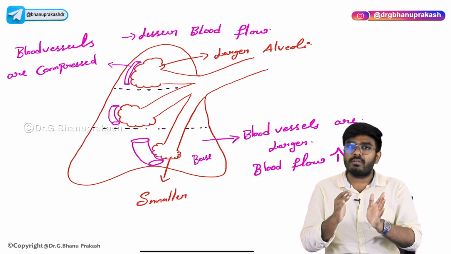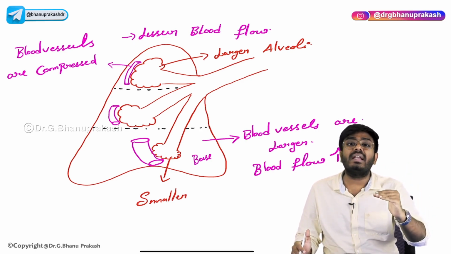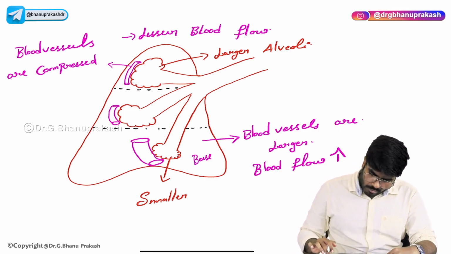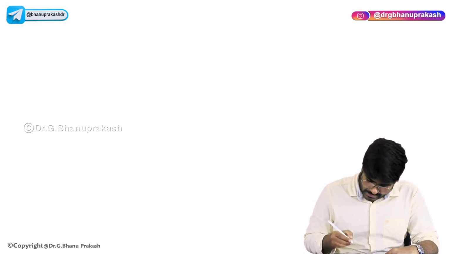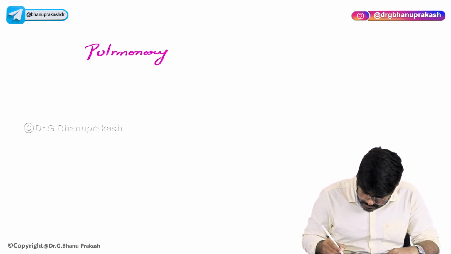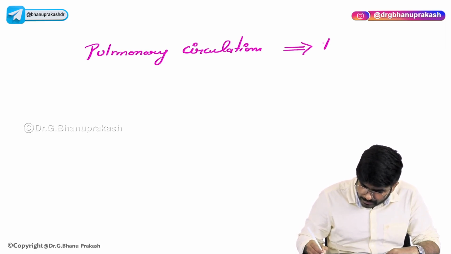So, for now, I have shown you the difference in the perfusion at different levels in the lung. After knowing this, let's talk about pulmonary circulation in the conditions of hypoxia. How is pulmonary circulation affected in the condition of hypoxia.